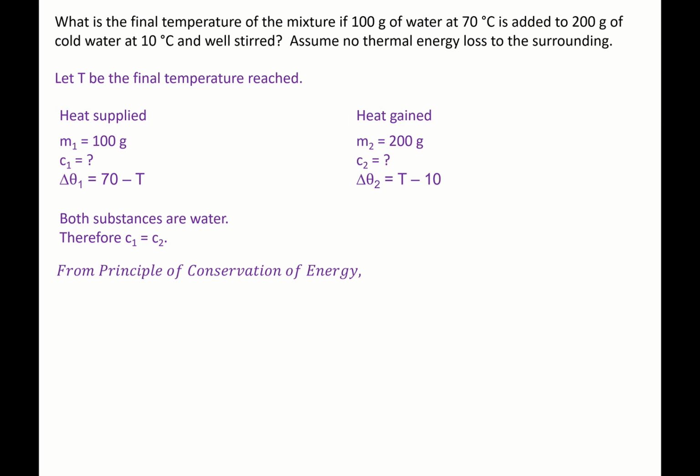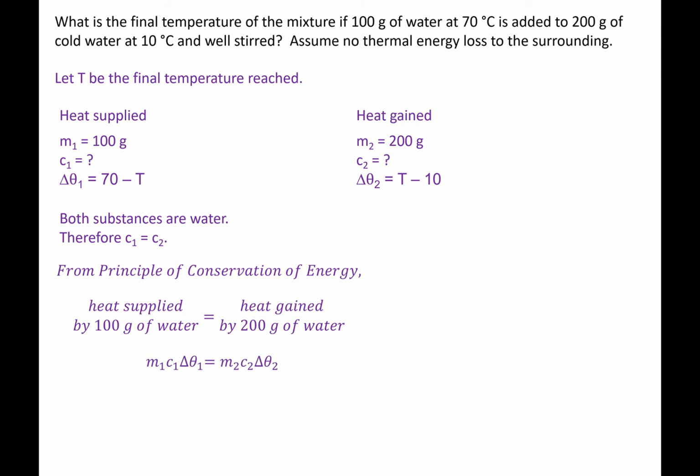So we're going to use the principle of conservation of energy, and that is heat supplied by 100 grams of water equals heat gained by 200 grams of water. Once we form this, M1 C1 change in theta 1 equals M2 C2 change in theta 2.